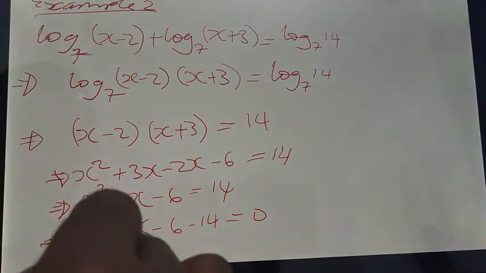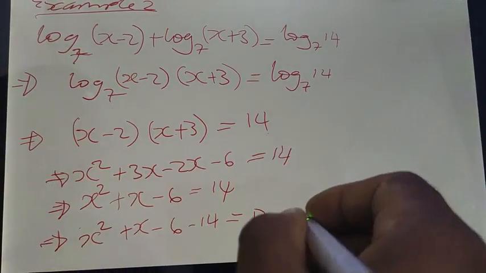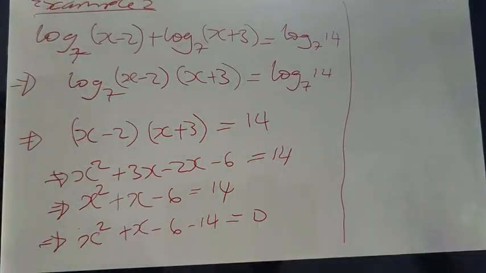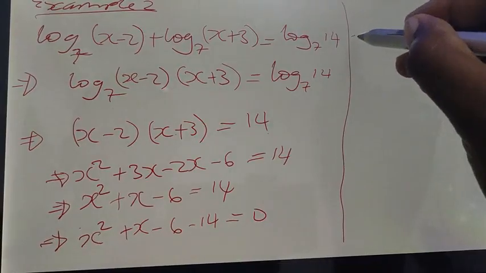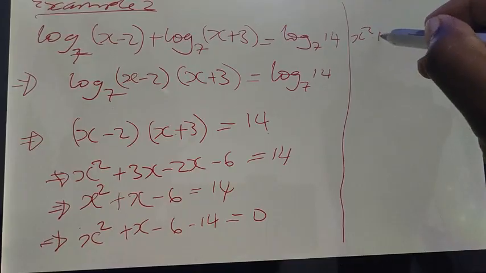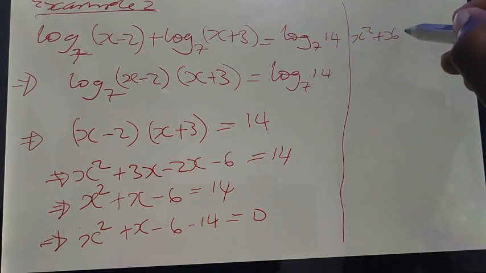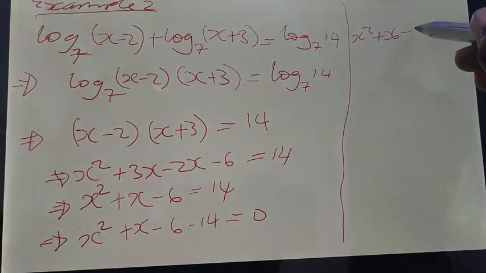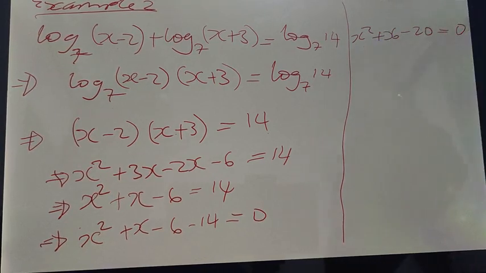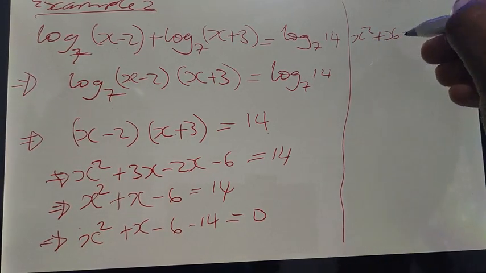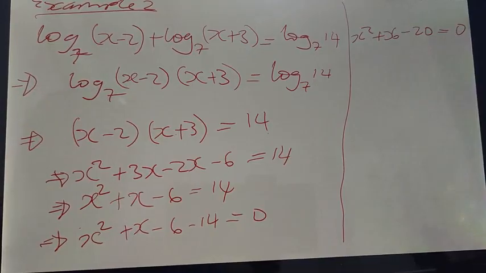You have x squared plus x minus 20 is equal to 0. This one as well is a quadratic equation. You solve it using quadratic methods to find the value of x.